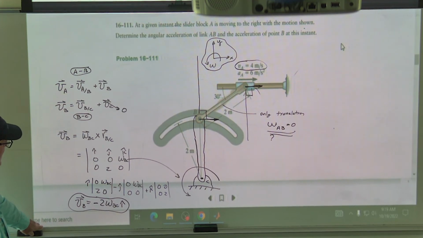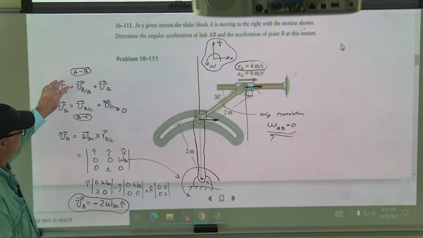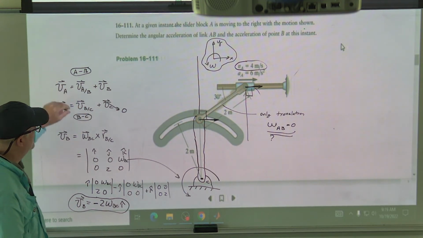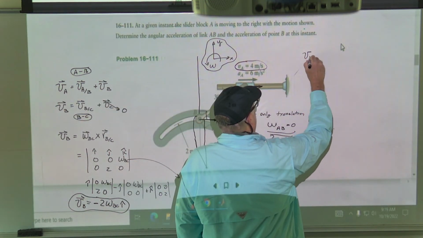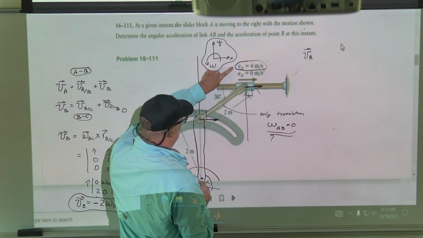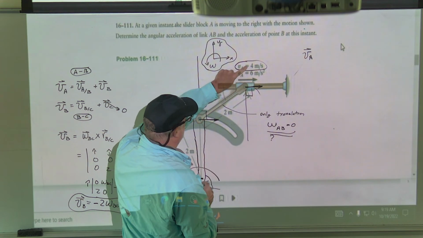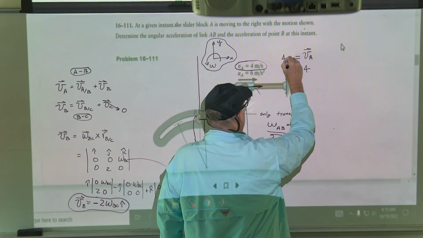So I've done one link, and that link is from here down. Unfortunately, I don't think I'm going to have room, so I'll take this to the other side and do it over there. If I take the velocity of A, which is that 4, I'll write it this way, 4I.